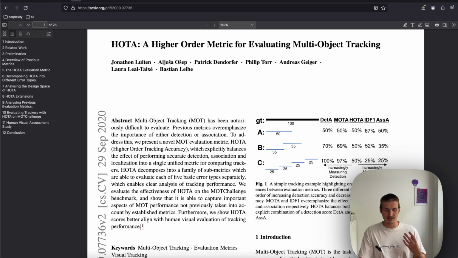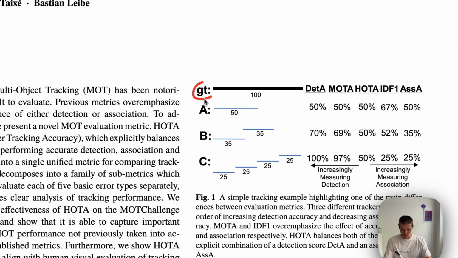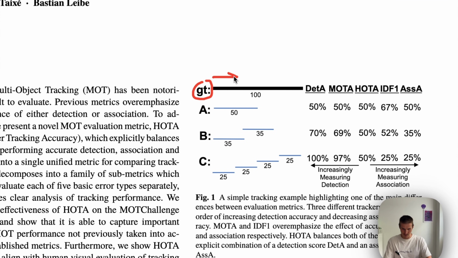Now, the problem with that is really well articulated in the paper for the new HOTA metric, and we can describe it as follows. Imagine we have some object, say a criminal who stole something and is trying to get away from the police.